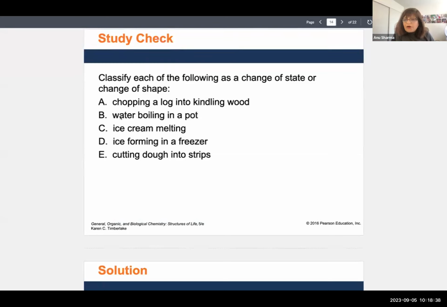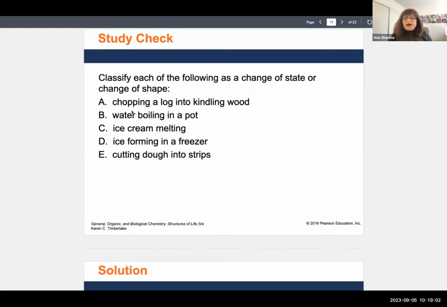Water boiling in a pot, changing the shape or changing the state? Water boiling is changing the state. Very good. Going from a liquid to a gaseous state. Ice cream melting, change of state or change of shape? Melting of ice.